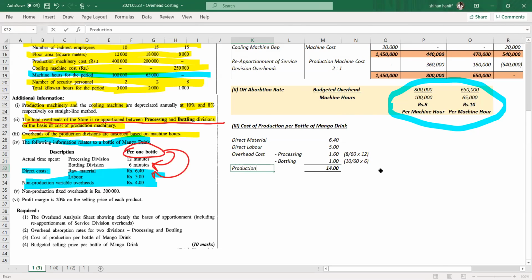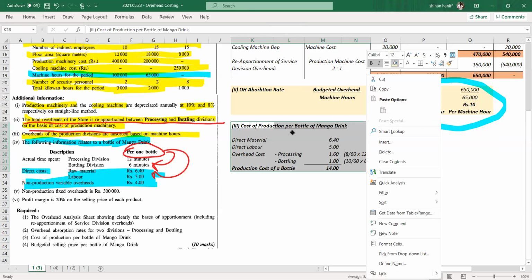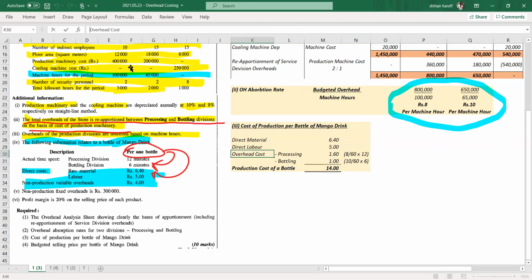Production cost of a bottle of mango drink is 14 rupees, with direct material, direct labor, and overhead. Production overheads.